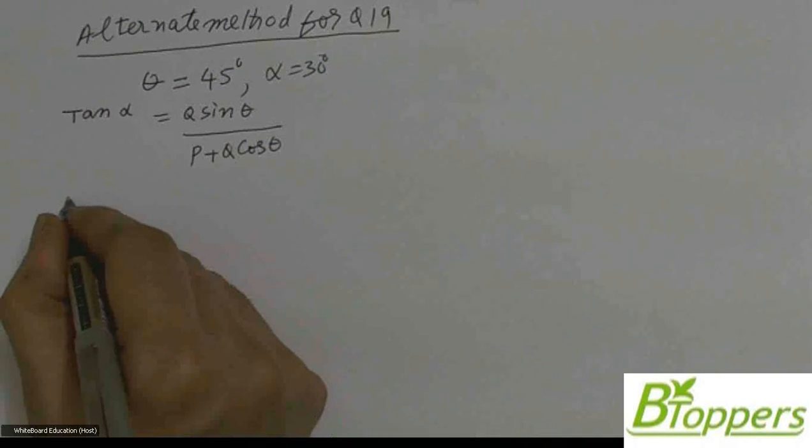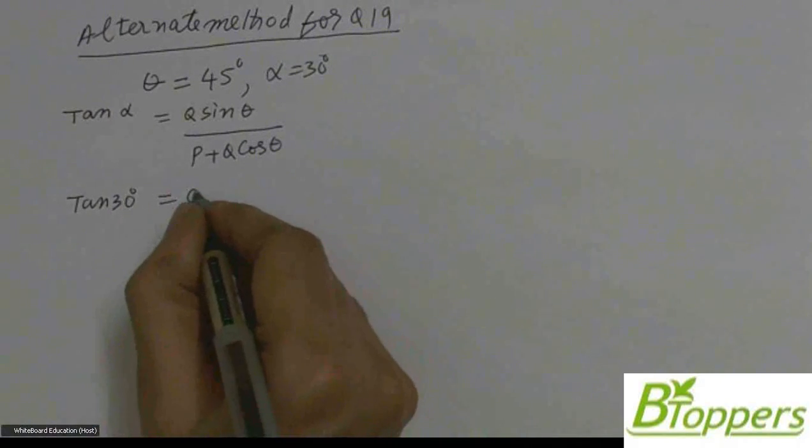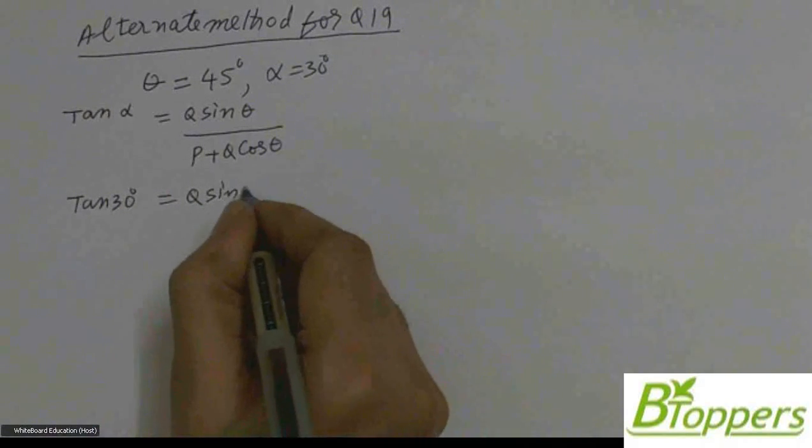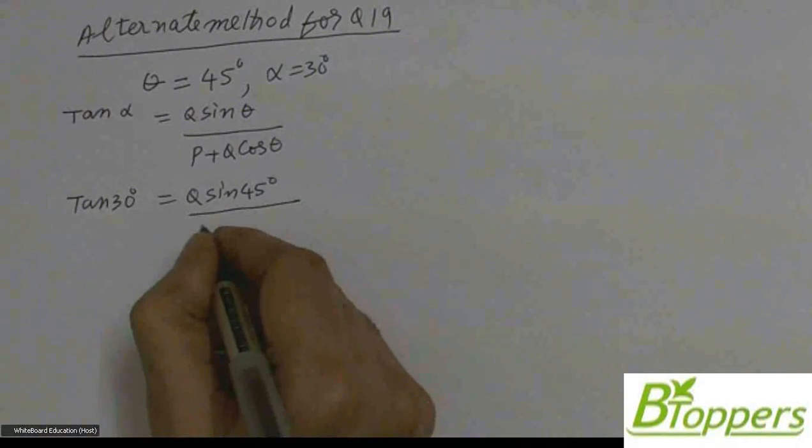Here you can substitute alpha equal to 30 degrees on the left hand side and theta equal to 45 degrees on the right hand side.